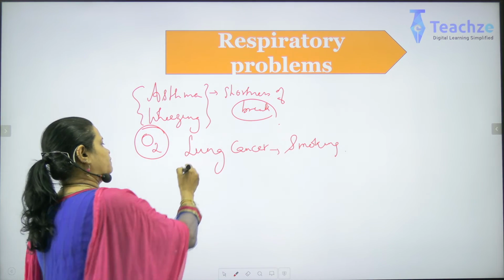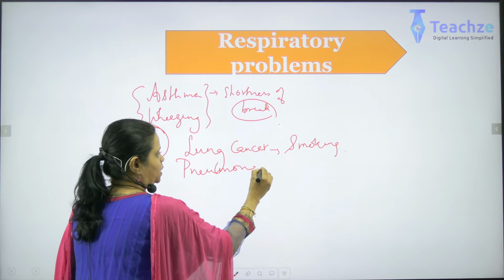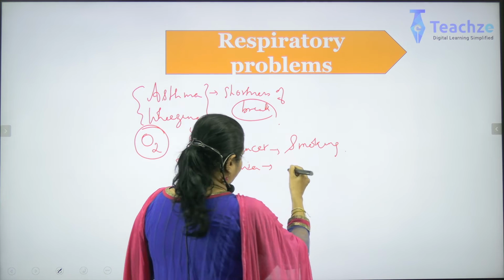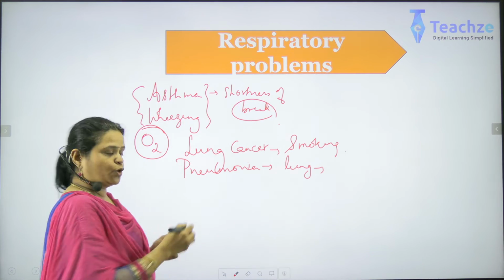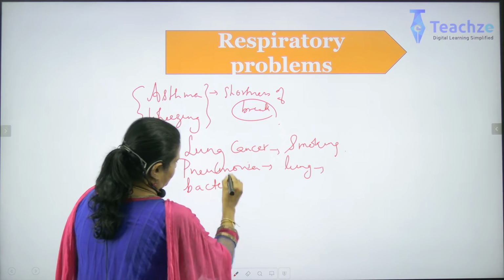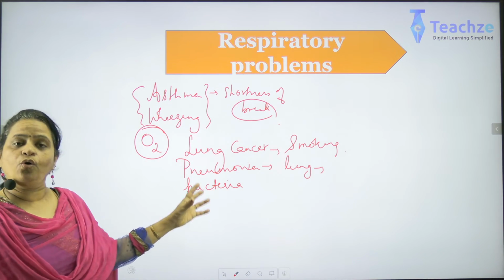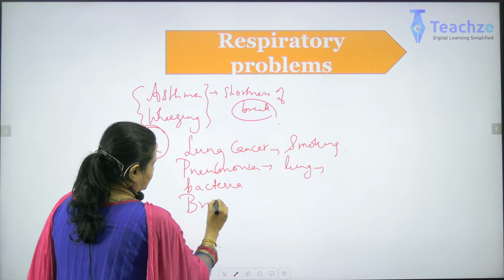Now, you have pneumonia, which is the inflammation of the lung. You all know it is caused by bacteria. In pneumonia, the whole lung gets affected. Then you have bronchitis, which is very common.